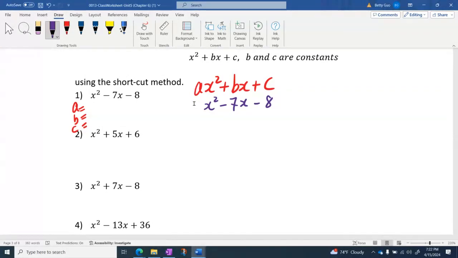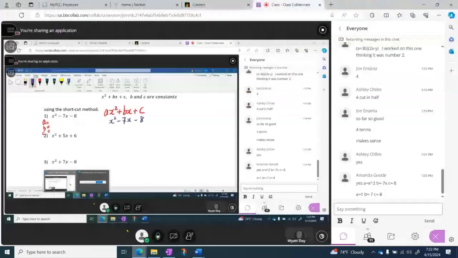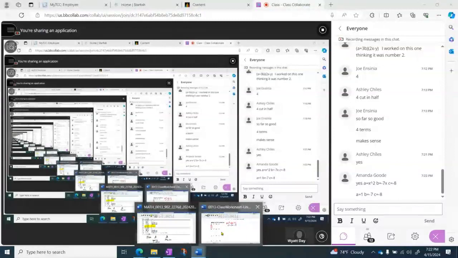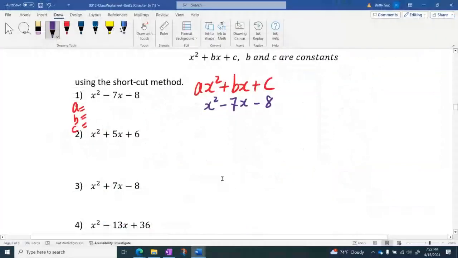Again, A, B, C have to be all constants, numbers. Do not include x. What is A? 1. Perfect. B is negative 7. C is negative 8. Awesome. Very good. Perfect. Thank you, Amanda. A is 1, B is negative 7, C is negative 8. Perfect. This is a quadratic trinomial with a leading coefficient 1. A equals 1, right?